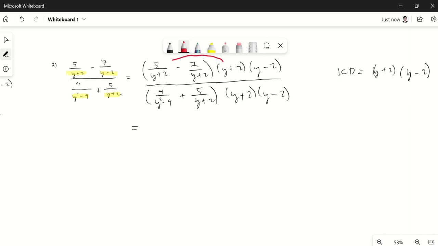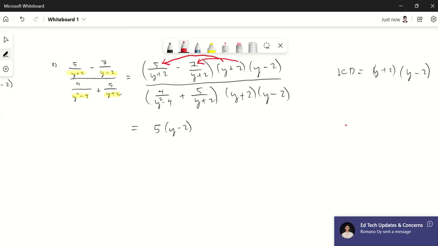So LCD times the first fraction, the first term, will be able to cancel out the y plus 2. What will be left is just 5 times the quantity of y minus 2. Multiply the LCD again to the second term, 7 over y plus 2. The y plus 2 will be cancelled out. What will be left is just the minus 7 times the quantity of y minus 2.